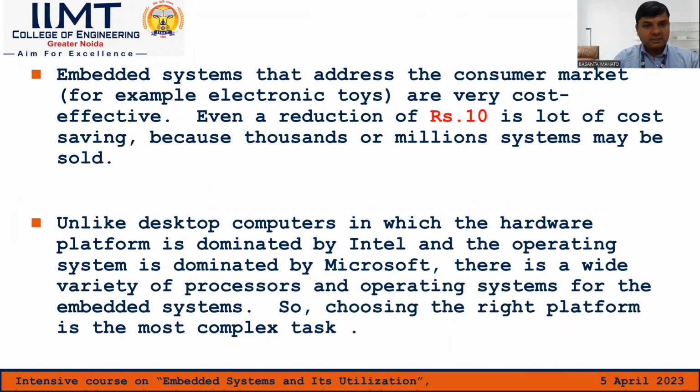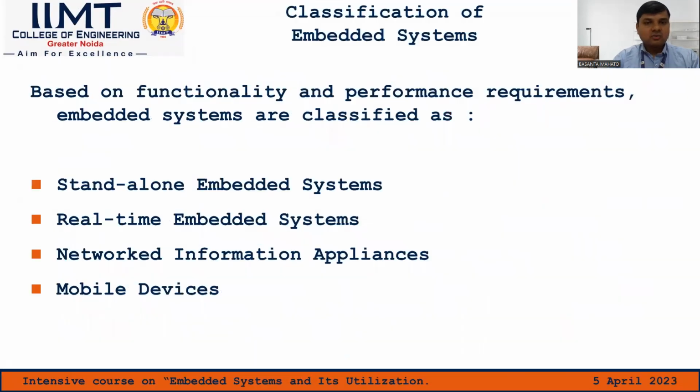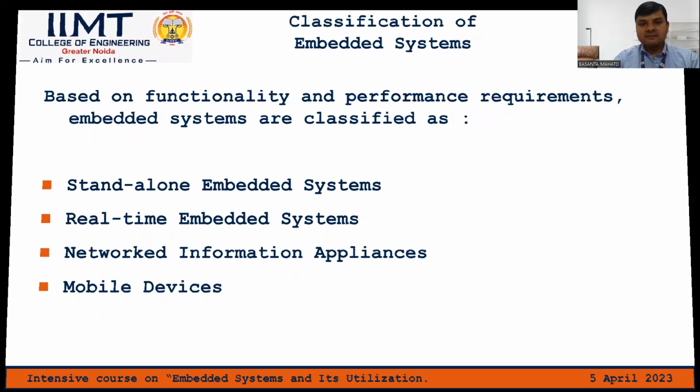Unlike a desktop computer, the hardware platform is dominated by the company itself, so choosing the right platform is a complicated task. Based on the functionality and performance required, embedded systems are classified as standalone embedded systems, real-time embedded systems, network embedded systems, and mobile devices.